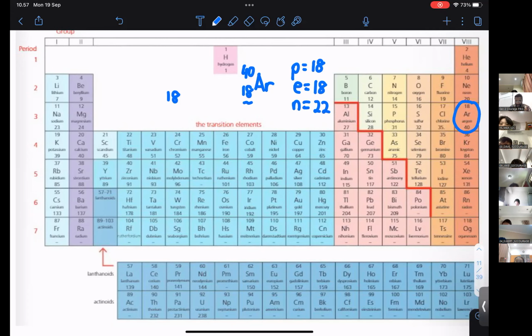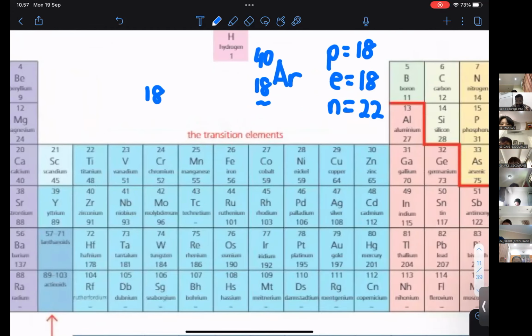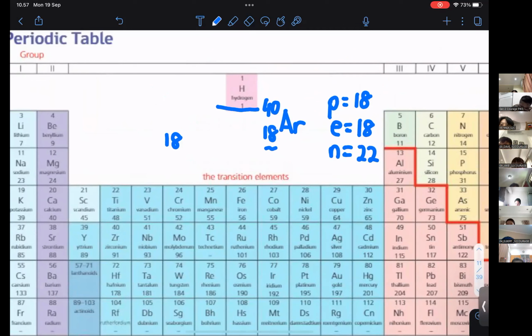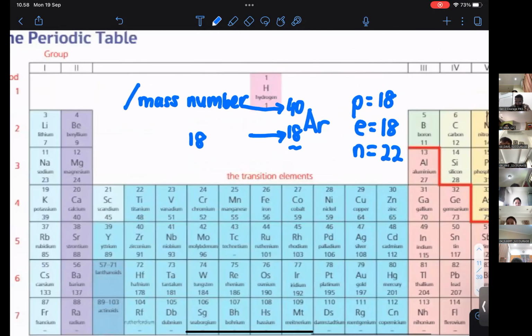Now, I want to ask another question. Gabriel, what is the name of the term we use to represent 40? The mass number. Yes, the mass number, which is also written as what?